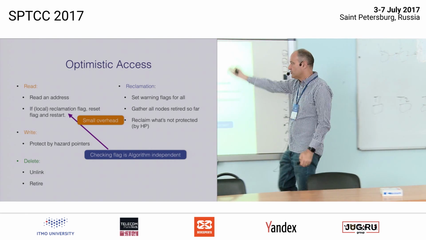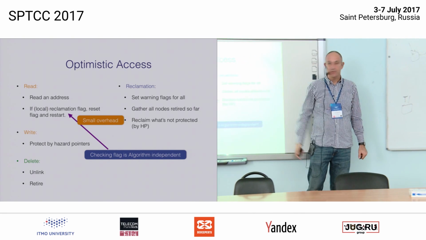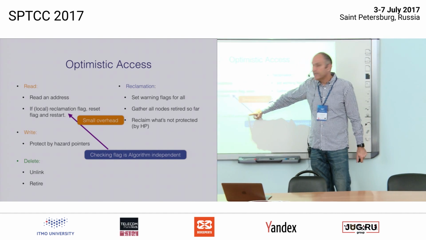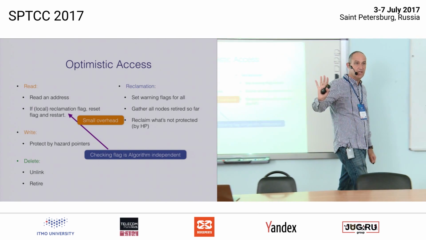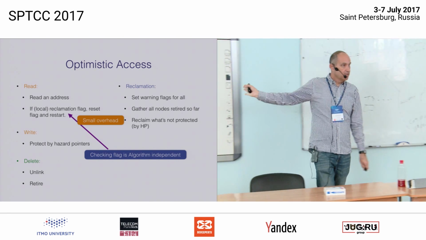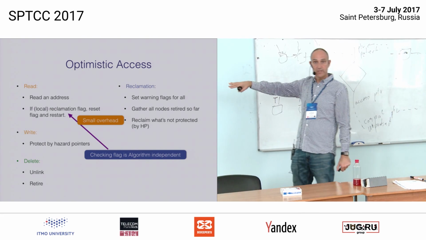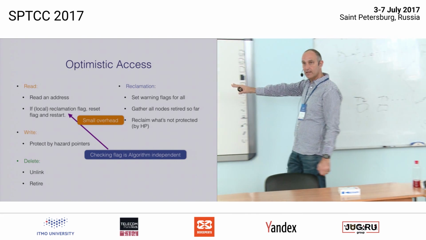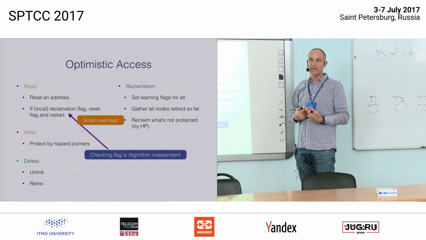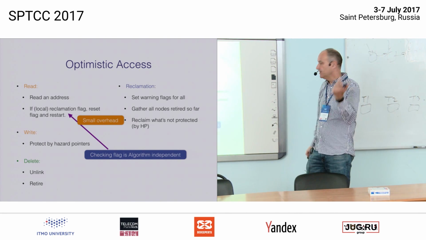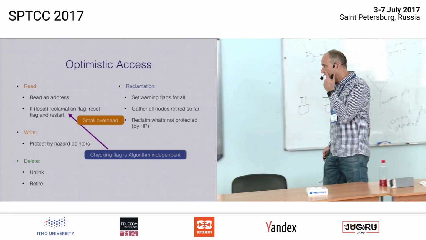Here, you just check a flag. Even when you protect something by a hazard pointer, you don't need to understand the algorithm. So when you install hazard pointers for writes, your validation is very, very easy. You just check this local flag, and you're done.